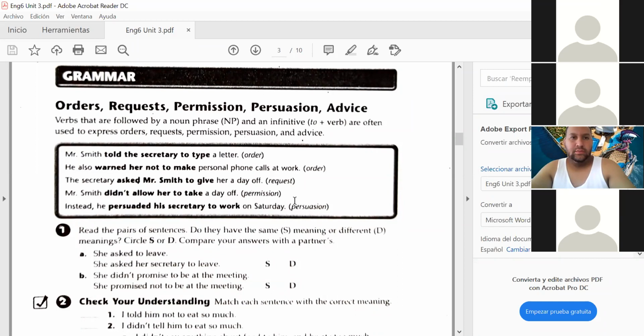And the last one, which is instead, he persuaded his secretary to work. This is persuasion, persuade. So persuasion, that's how we express it.